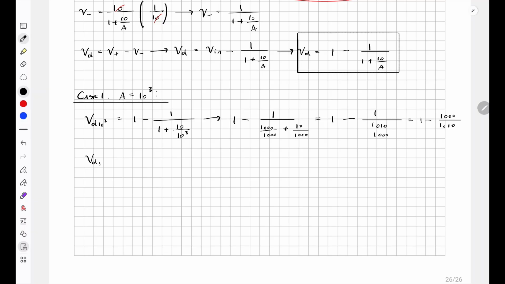And then you can see that one of the zeros cancels, so it becomes 1 minus 100 divided by 101. Then this is equal to 101 divided by 101 minus 100 over 101. So you can see this is 1 over 101.